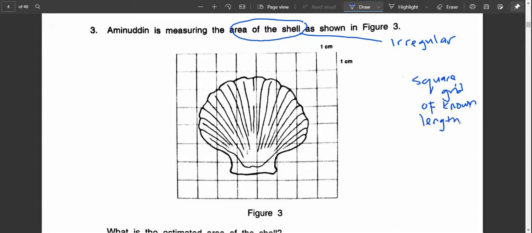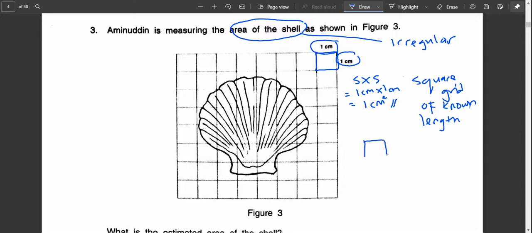How do you know the length of this square grid? You're given 1 centimeter there, and 1 centimeter there. The area of this square is equal to side times side, therefore 1 centimeter times 1 centimeter. Therefore, the answer is 1 square centimeter. Therefore, 1 square grid is 1 square centimeter.